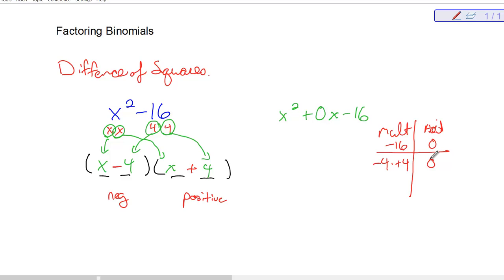Those would multiply to give me a negative 16 and add to give me 0. So notice that's what I have here, a negative 4 and a positive 4. So whenever we're talking about difference of squares, we're going to split up the two numbers in our binomial into what times itself will give us that item.